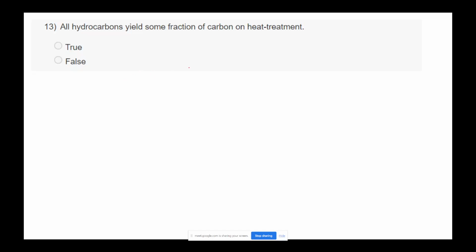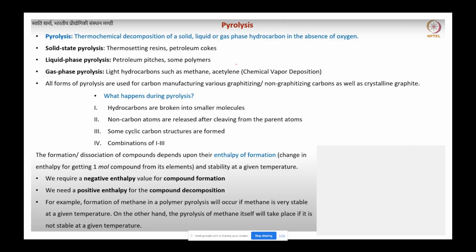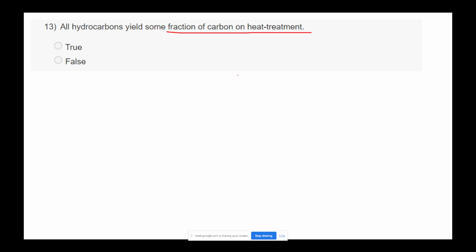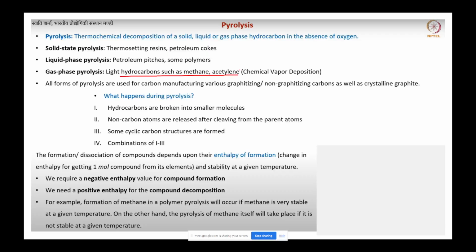Okay, all hydrocarbons yield some fraction of carbon on heat treatment. Here again is the same thing from the slides. You can see the hydrocarbon. Obviously, when you do heat treatment on a hydrocarbon, it will give some carbon. Why?